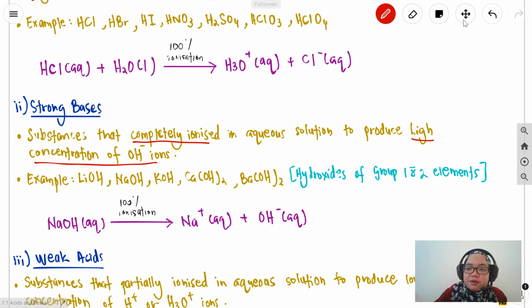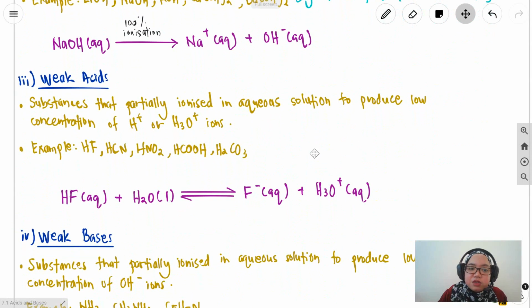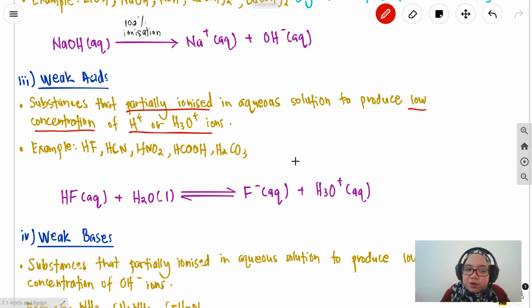Alright, so now we are going to look at weak acids. What is a weak acid? A weak acid is a substance that is partially ionized in aqueous solution to produce a low concentration of hydrogen or hydronium ion. Here we use this half-headed, reversible arrow to indicate that this acid can only partially ionize to form hydrogen or hydronium ion.